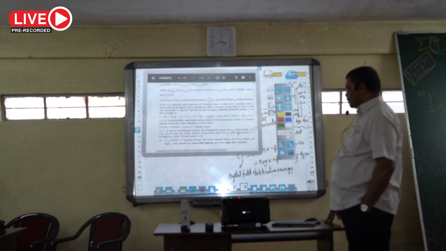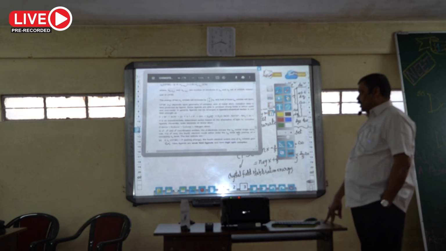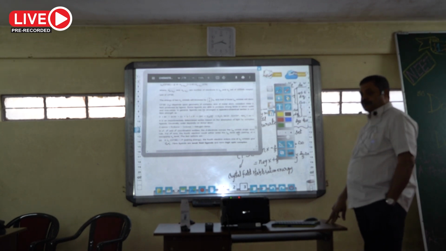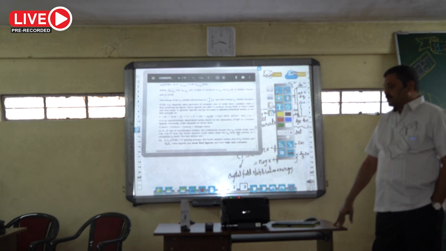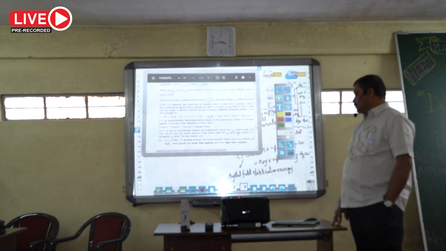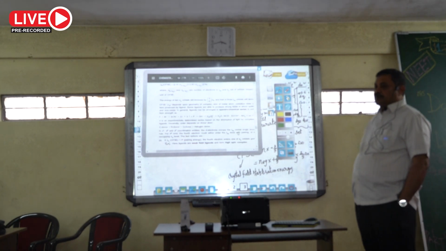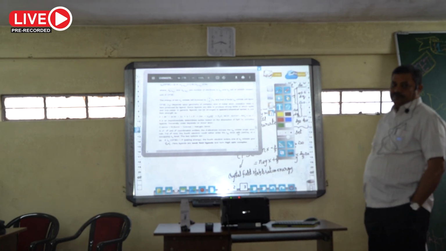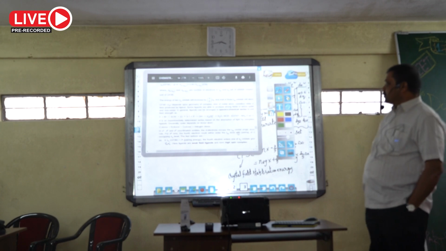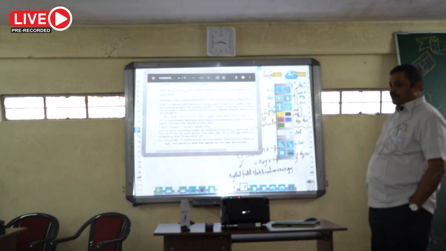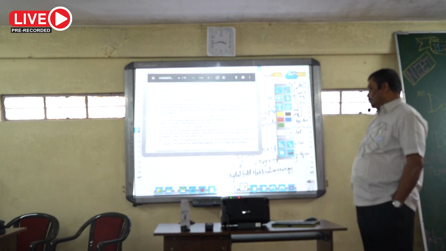From left to right in the periodic table, in the second period, the strength of the ligand field decreases in the order: carbon donor greater than nitrogen donor, greater than oxygen donor, greater than halogen donor.